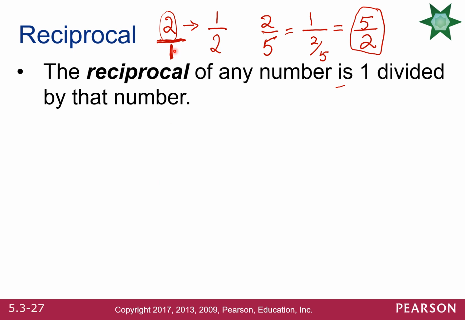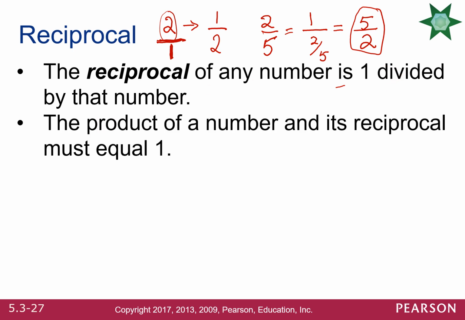So when we found its reciprocal by dividing 1 by 2, the denominator of the original number became the numerator in the reciprocal, and the numerator in the original number became the denominator in the reciprocal. So the reciprocal of any number is 1 divided by that number.